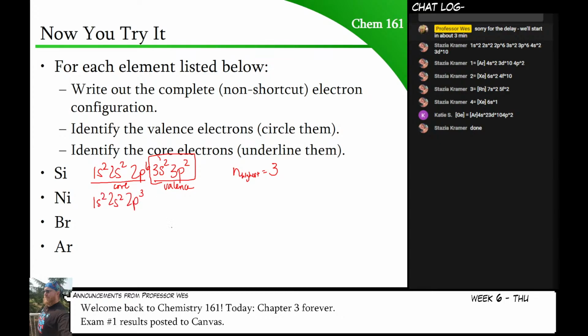Ooh, I was saying too many numbers, and my pen didn't keep up, so my brain wrote the wrong number. Where's nickel? 1, 2, 3, 4, 5, 6, 7, 8. There we go. Okay, so what are the valence electrons? Well, it's these, because the highest n is 4. What would the core electrons be? Everything else.